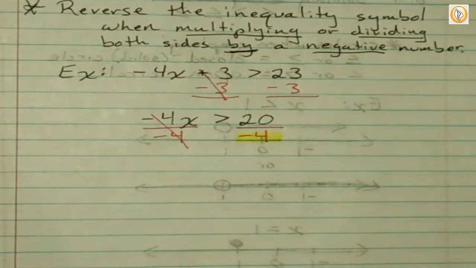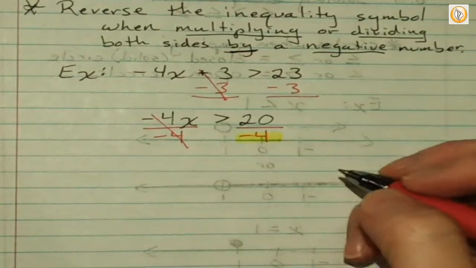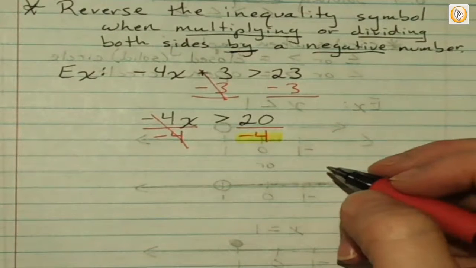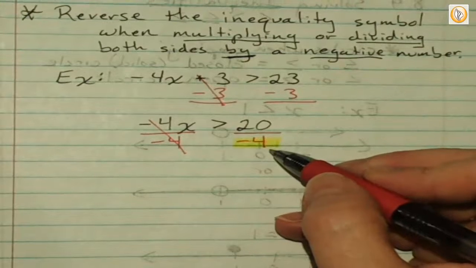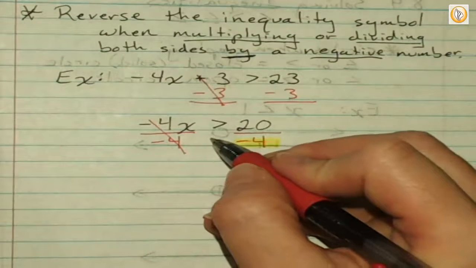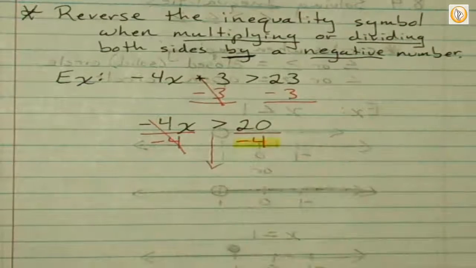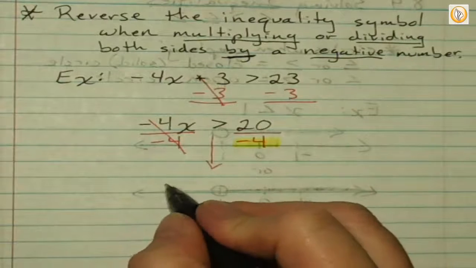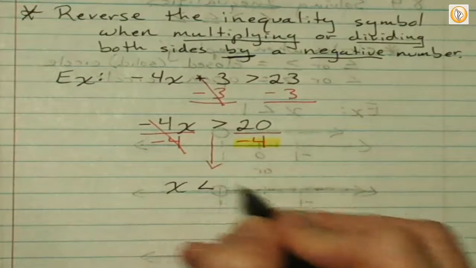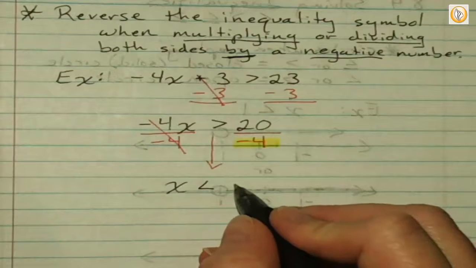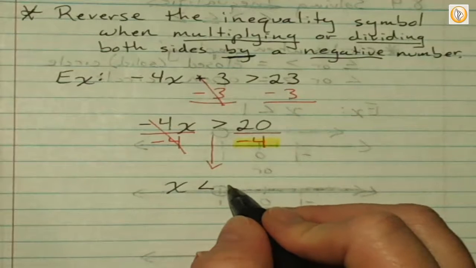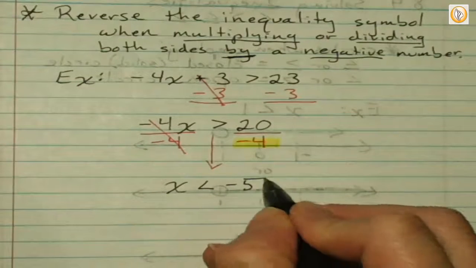So, Emily, what do I need to do? If I'm dividing by a negative, you flip it. That's right. We're going to flip it. So then I have x is less than, what is 20 divided by negative 4, Taylor? Negative 5. Very good.